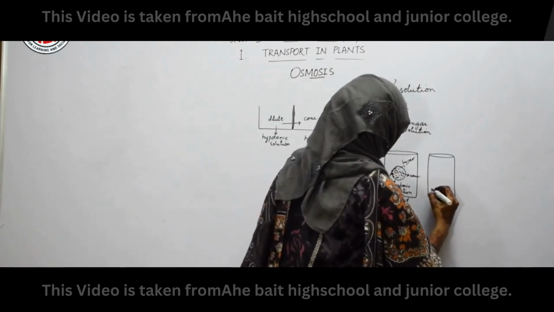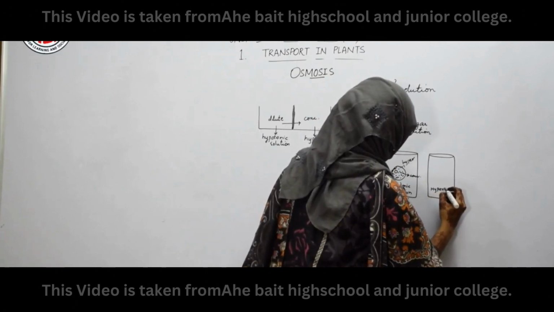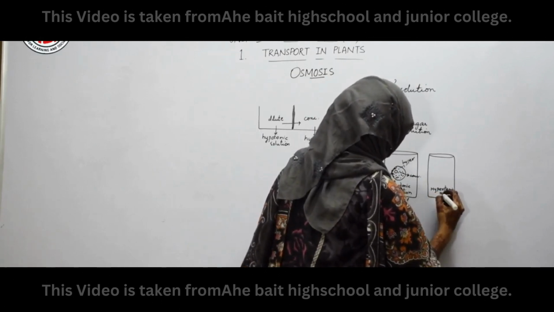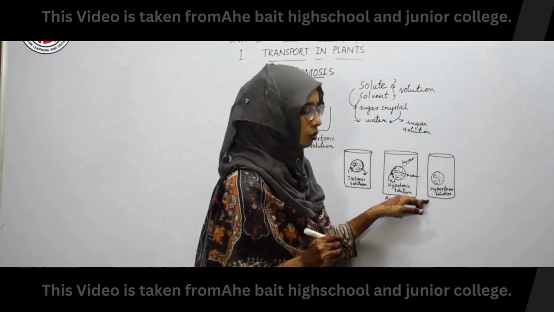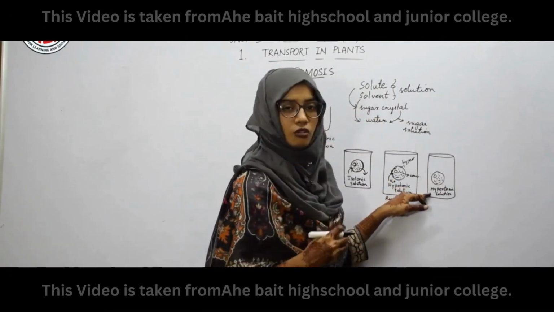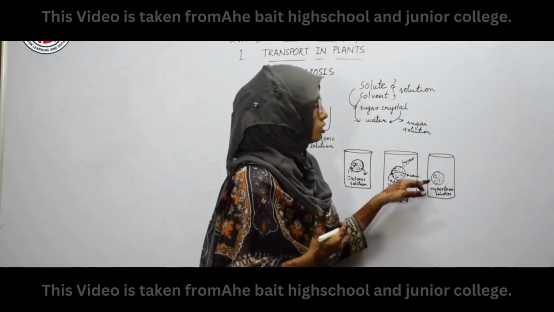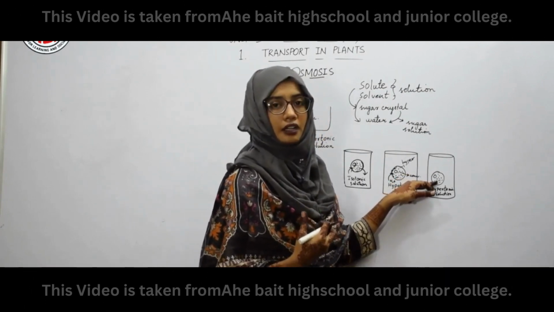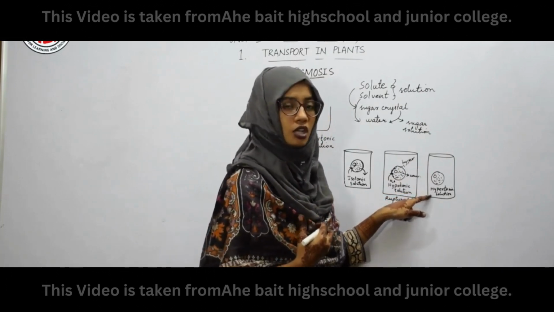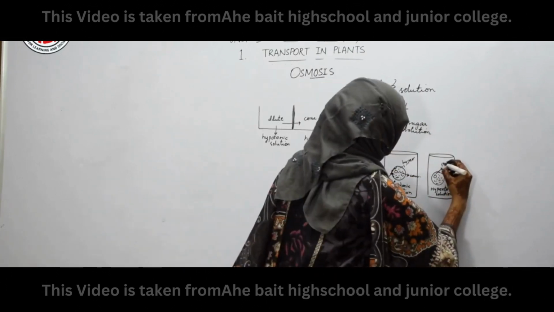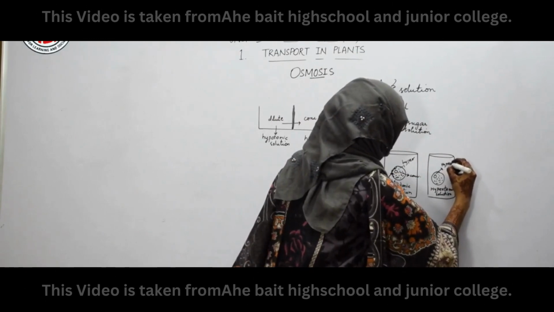Now, in the third situation, we take an animal cell in a hypertonic solution, which is more concentrated. So the concentration of the cellular content is less when compared to the concentration of the hypertonic solution. Now we can say that the cellular content is hypotonic.